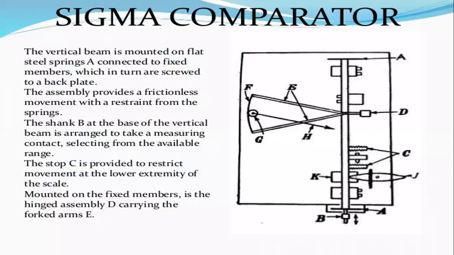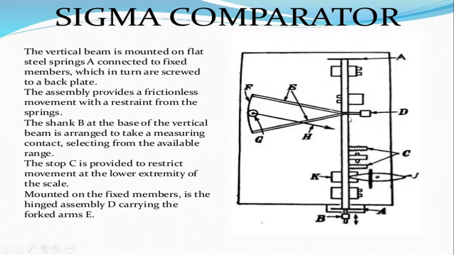So the vertical beam is mounted on flat steel springs which are connected to A. Here we can see the displacement figure.